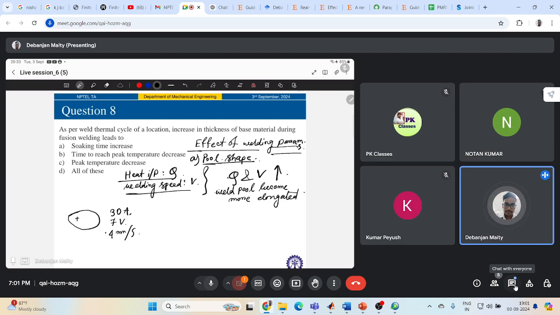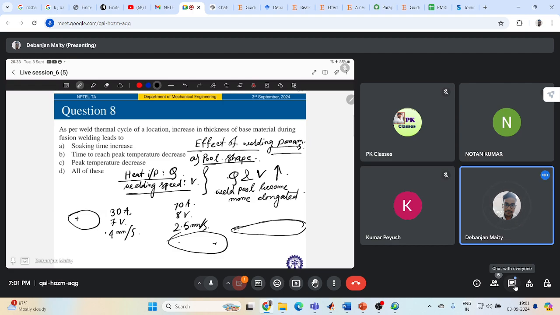Now if you increase your ampere and voltage, let's say you are going to 70 amp, 8 volt, and you are increasing your welding speed also, you will see that your pool shape has been elongated, something like this. If you increase it further, it will be much more elongated.